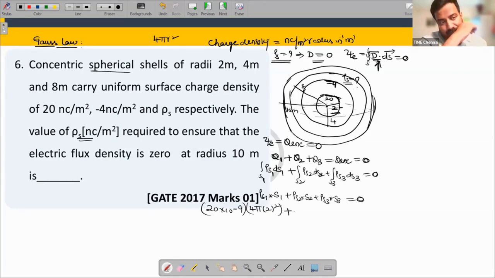plus minus 4 into 10 power minus 9 into 4 pi, the radius 4 square, plus rho s into 4 pi into 8 square is equal to 0.